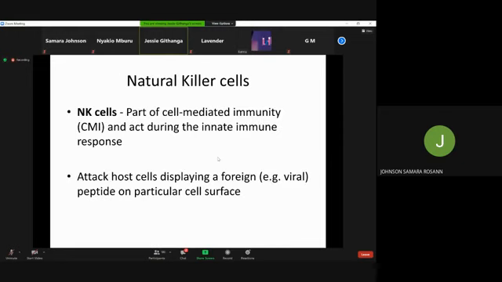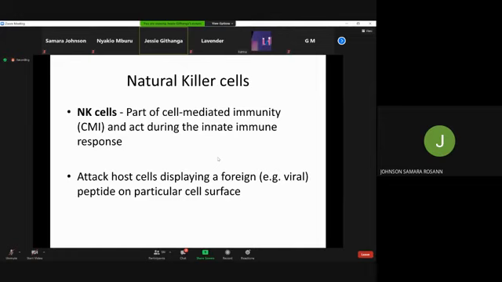Natural killer cells are part of the cell-mediated immunity, the innate immune response. This innate immune response is there at birth, and is not dependent upon the antigen or virus having previously been presented to the host. It is innate, it is just there, not like a secondary immune response.